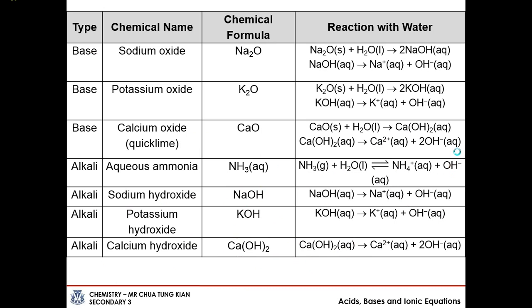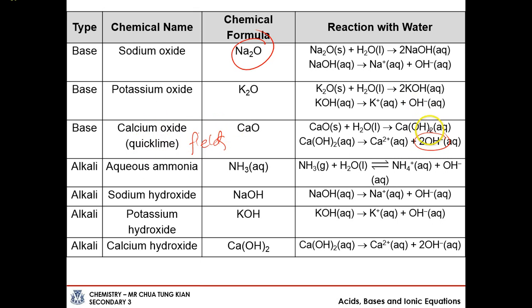So here are some of the common bases and common alkalis which you encounter. The one which I already mentioned earlier, Na2O. Potassium oxide, calcium oxide, or quicklime. This is used to lime farming fields. When you notice this releases OH-, so if there's a mild acid rain attack on a farm and the soil is too acidic for plants to grow, the farmers can actually use quicklime, scatter over the field.